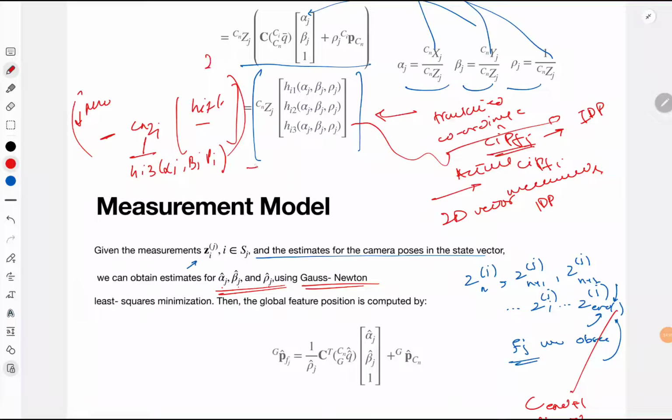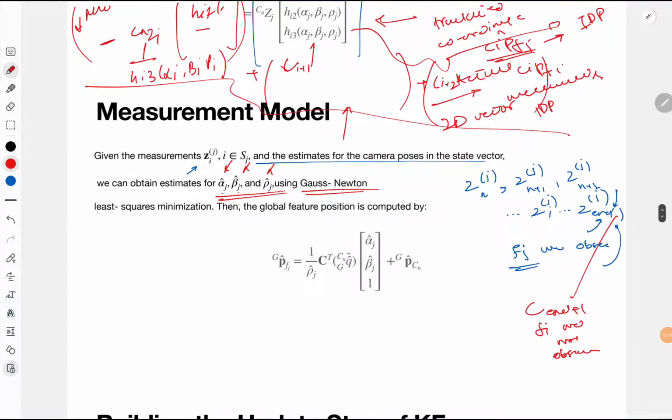You can square this and you would add the other. So you're essentially doing this for all the frames; if this is for Ci, this would be the entire same thing for Ci plus 1, and for Ci plus 2, and you would optimize this entire thing and get an estimate for these three. And once you have this, you can use this thing to calculate this.